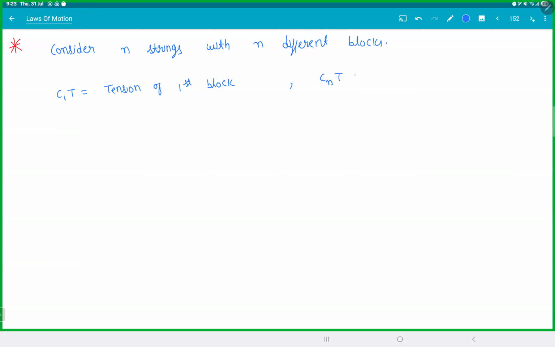Cn into T is the tension in the nth block. So C1, C2, C3, C4 will be the tension coefficients. Mn is the mass of the nth block. An is the acceleration of the nth block.